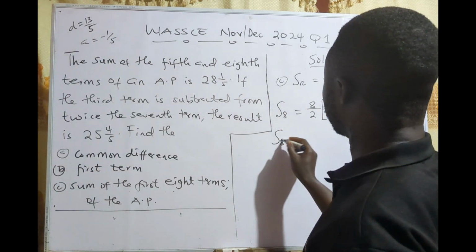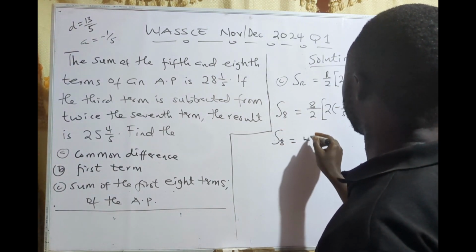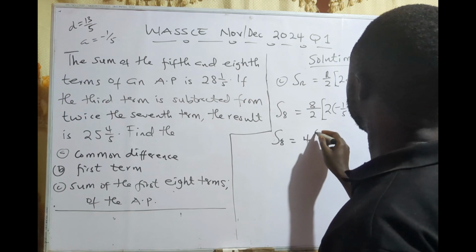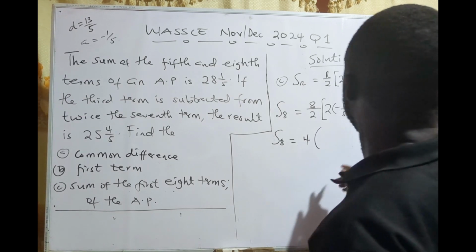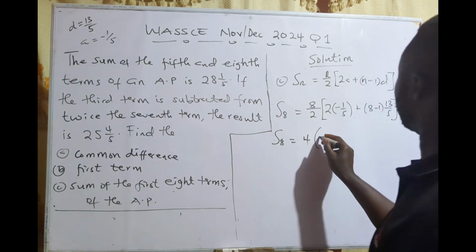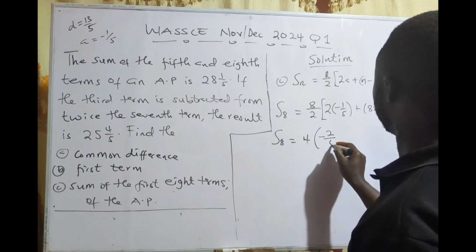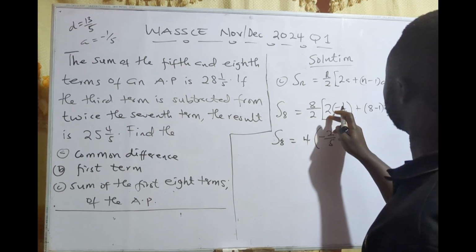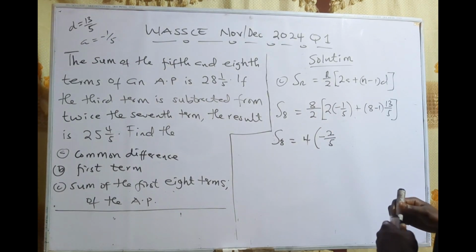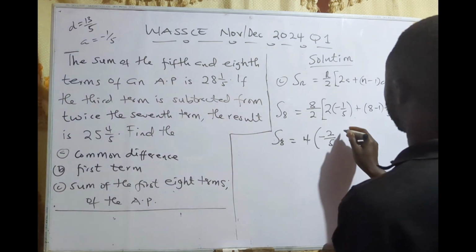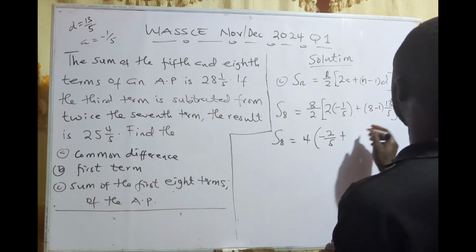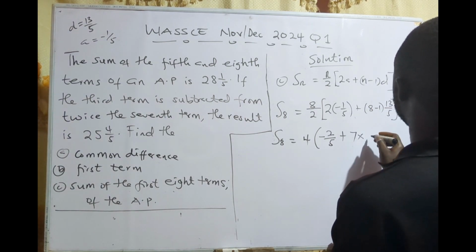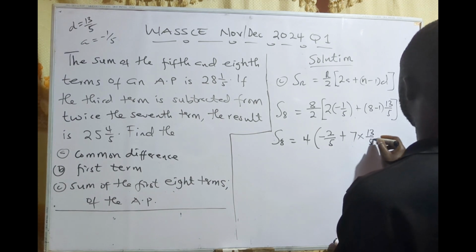So the sum of the first 8 terms is going to be 8 over 2, which is 4. Then we shall have minus 2 on 5, because 2 times minus 1 on 5 is minus 2 on 5, plus 8 minus 1, which is 7, times 13 on 5.